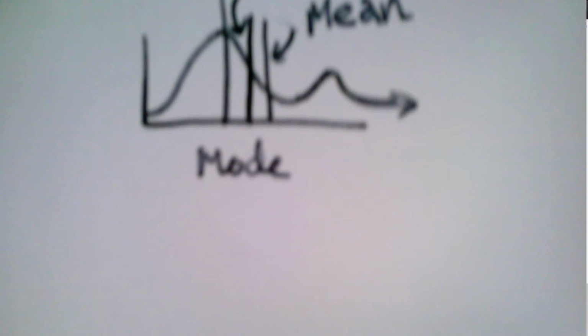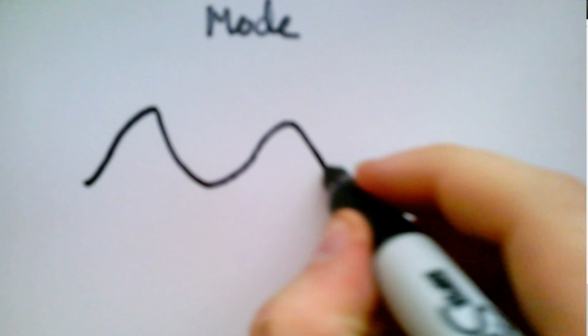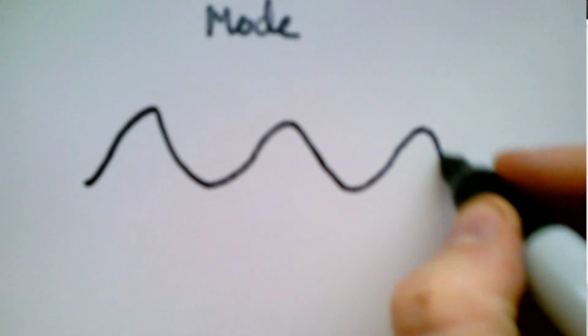Well, what happens if you have two or more objects that occur at the same frequency and they all tie for most? Then you can have something that's called bimodal or trimodal. So here is my trimodal distribution.